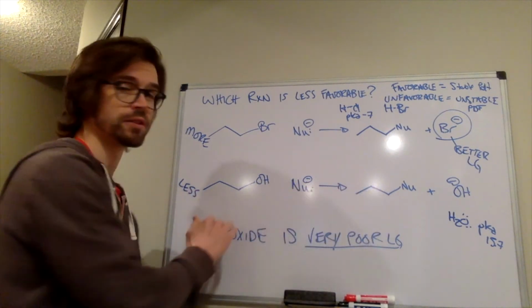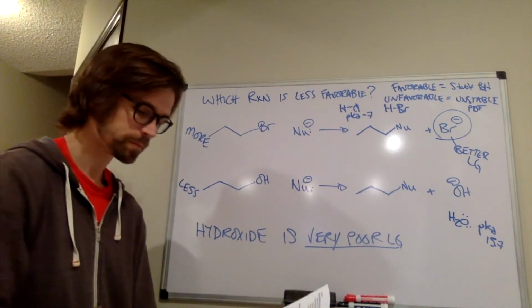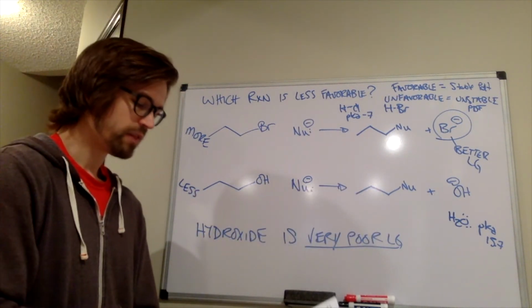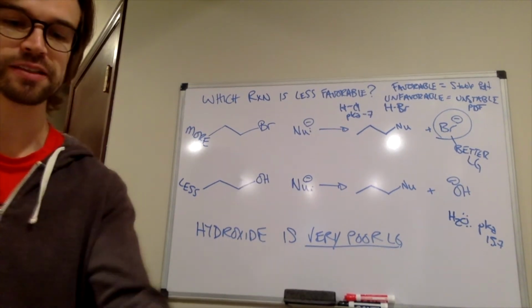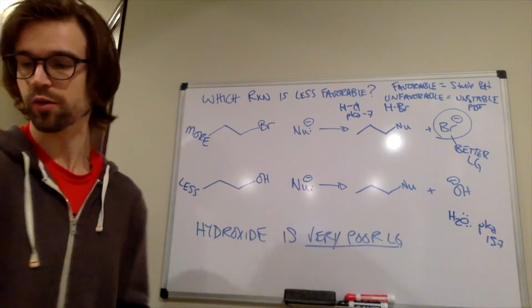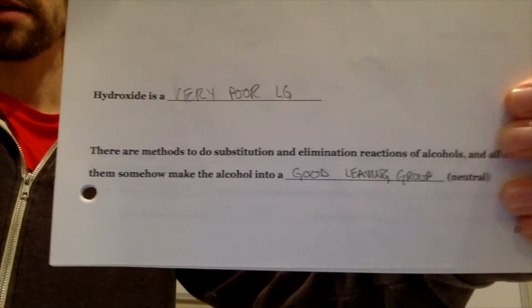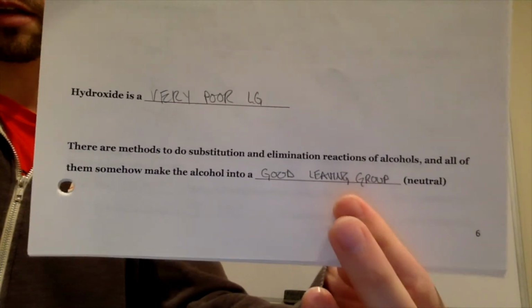So this would be a substitution reaction of an alcohol. And all of them somehow make the alcohol into a good leaving group. That's the blank that is on your course packet.